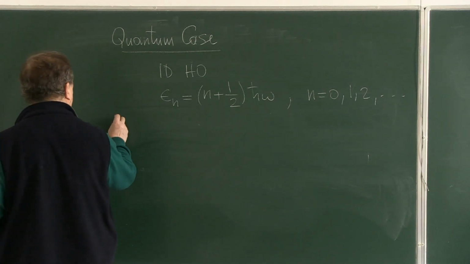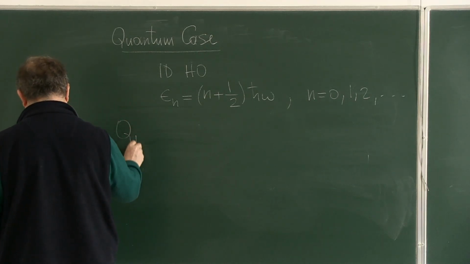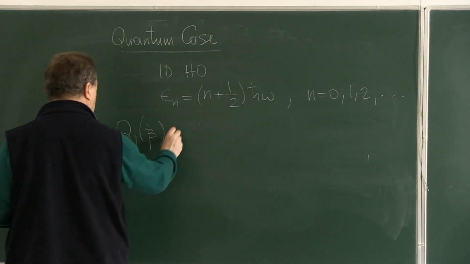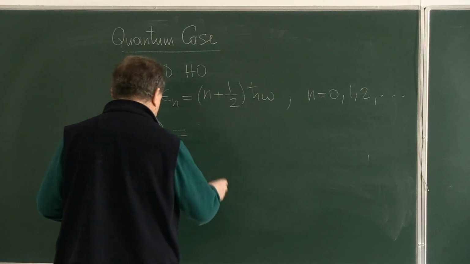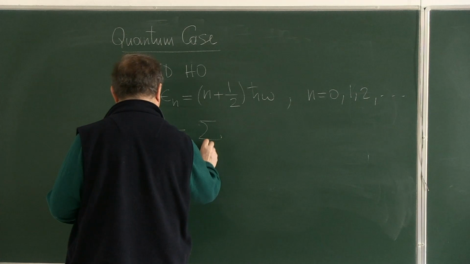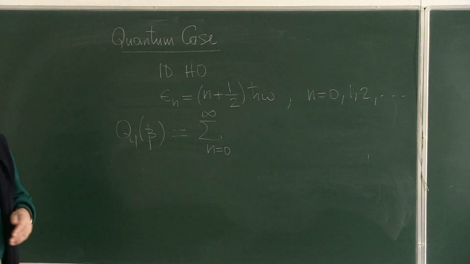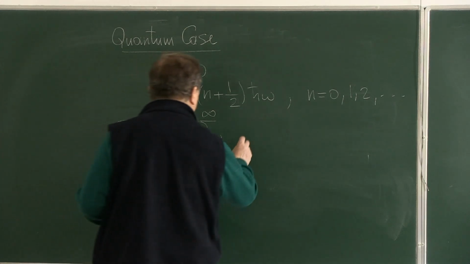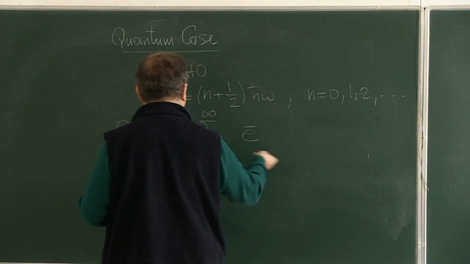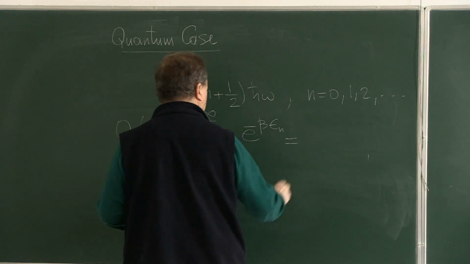Now, the calculation of the single oscillator partition function is quite straightforward in this case. Since energy levels are discrete, we can sum over them to get the partition function, and it is the sum of e to the minus beta E_n.